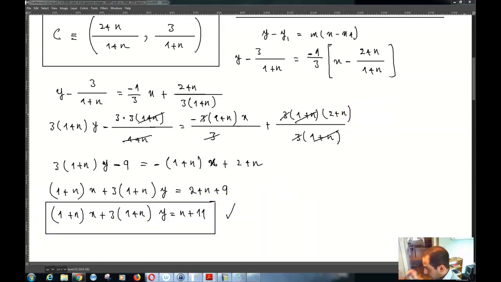So this was question number 12. And the equation of the line is 1 plus n times x plus 3 times 1 plus n times y is equal to n plus 11.